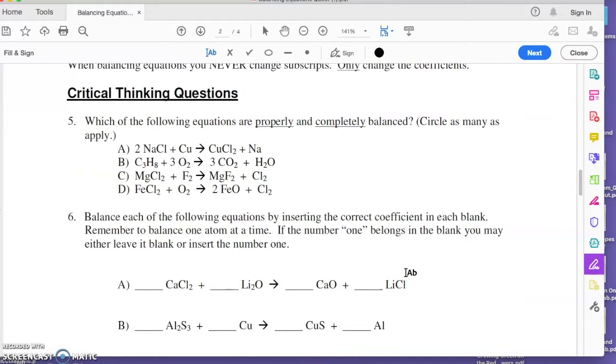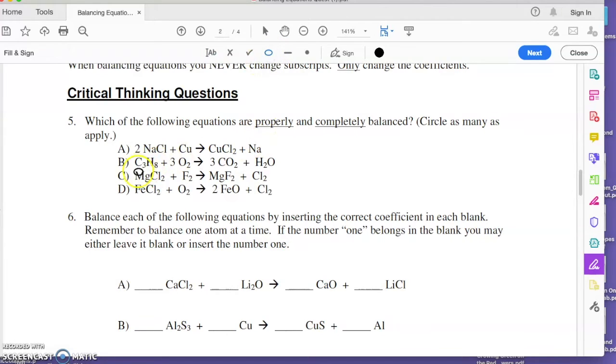So let's take a look and see if they're properly and completely balanced. So here, I got 2 NaCl, so 2 Nas, 2 Cls, and 1 Cu. Here I have 1 Cu, so that's good. 2 Cls, that's good, but 1 Na. Not good. So this one is no good.